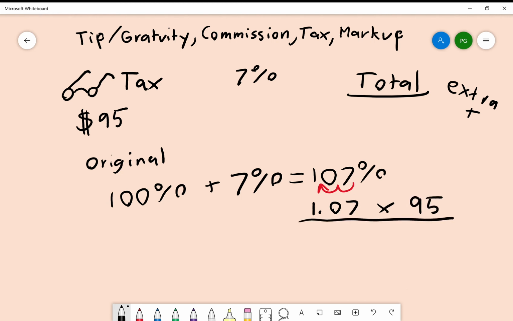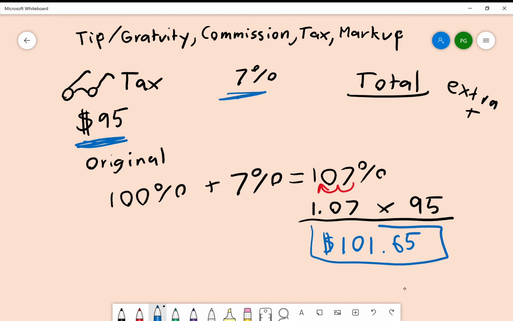Let me do that in my calculator. 1.07 times 95 equals my answer of $101.65. This is how much I'm paying in total. So I'm paying the original $95 plus the 7% tax.